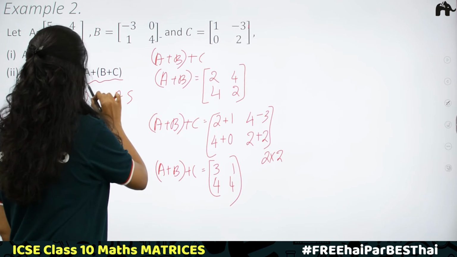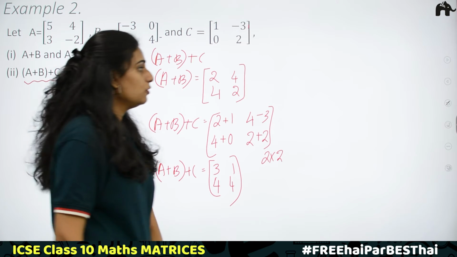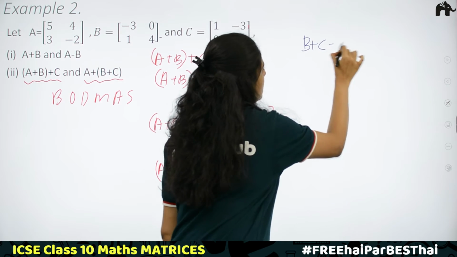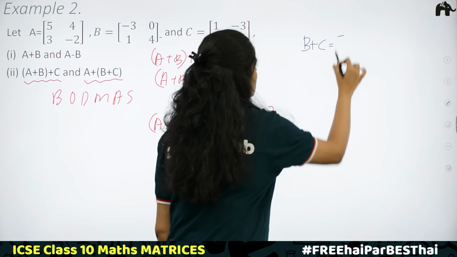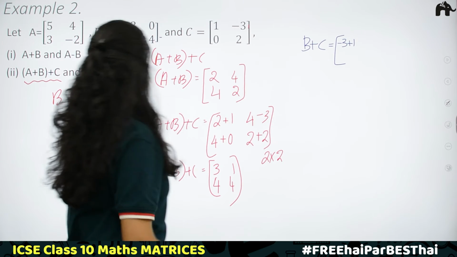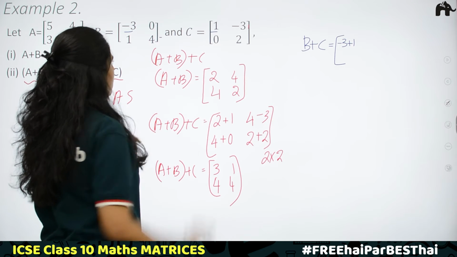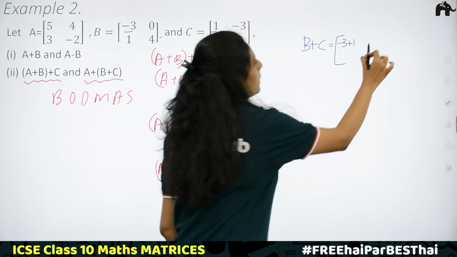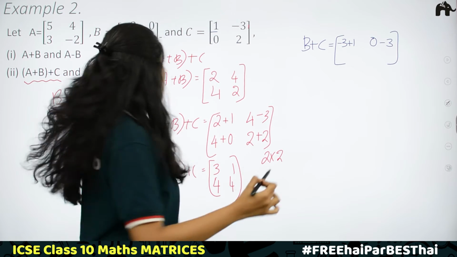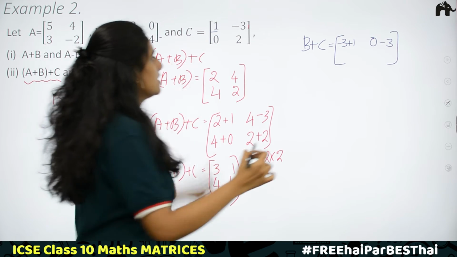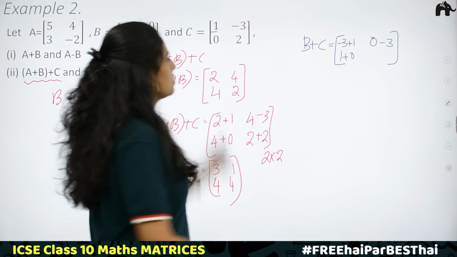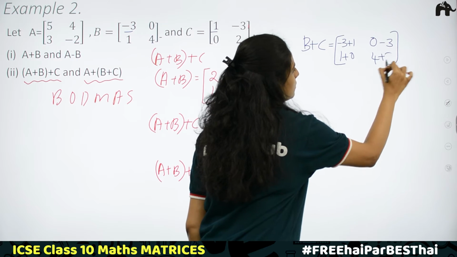Next, A plus (B plus C). We are going to find, that is, first we have to find B plus C. What is B plus C? B plus C is equal to minus 3 plus 1. First element. Here we have minus 3. Here we have 1. Then 0 minus 3. 0 plus minus 3 is 0 minus 3. 1 plus 0. 4 plus 2.